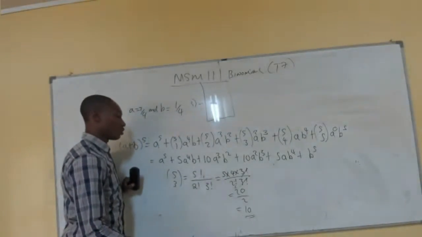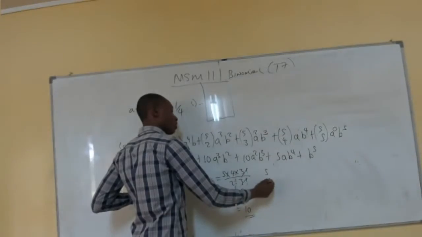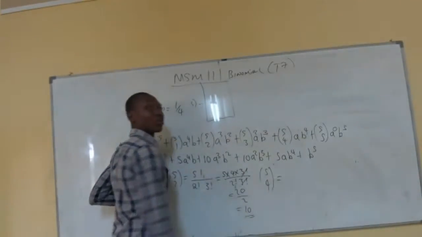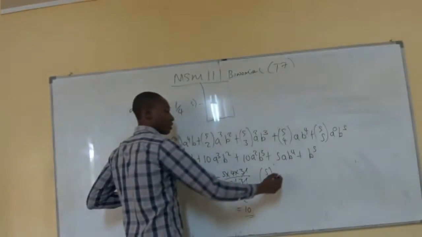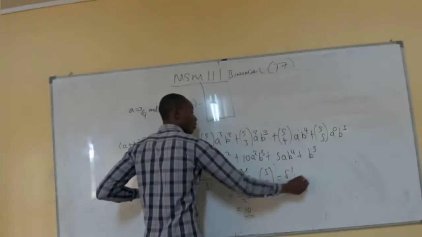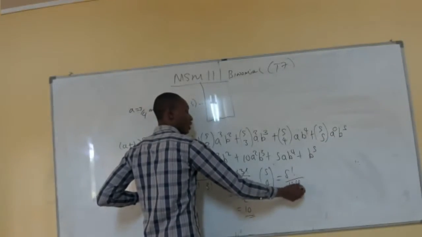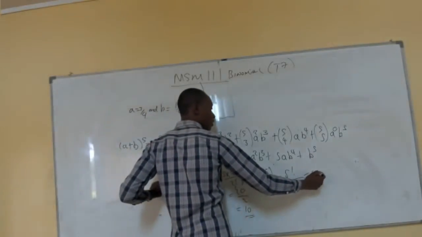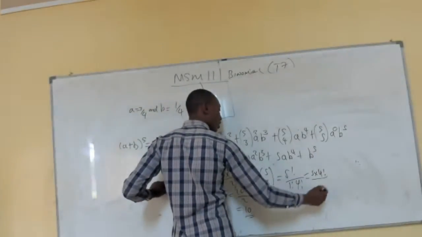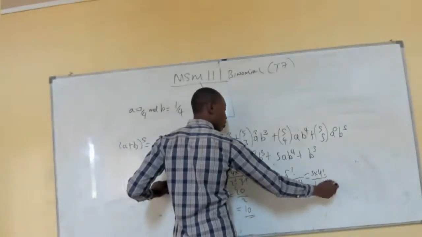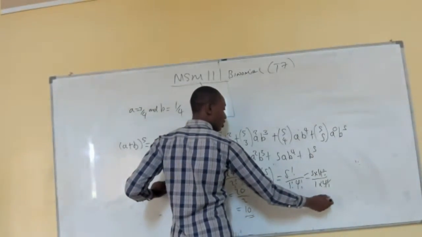Okay? 5 choose 4 will therefore be equal to 5 factorial over (5 minus 4) factorial, which is 1 factorial, times 4 factorial. So this is 5 times 4 factorial over 1 times 4 factorial. This and this will cancel, so the answer is 5.